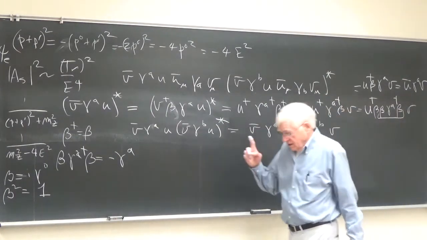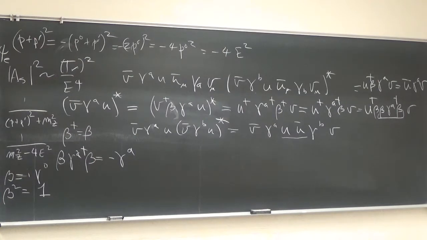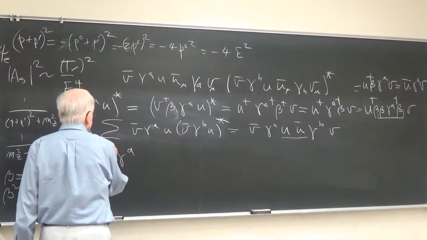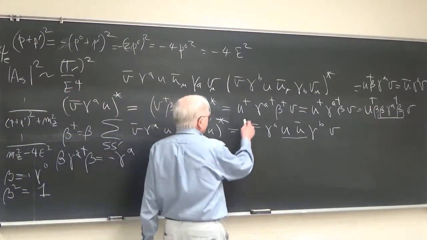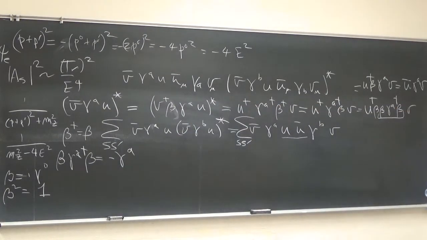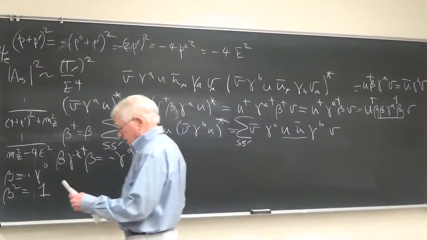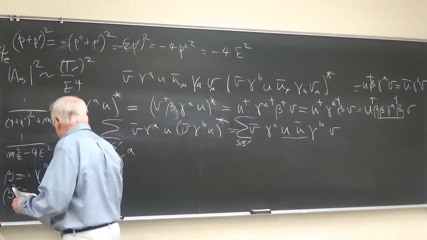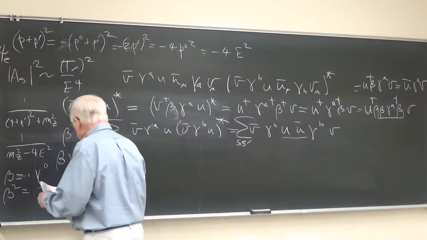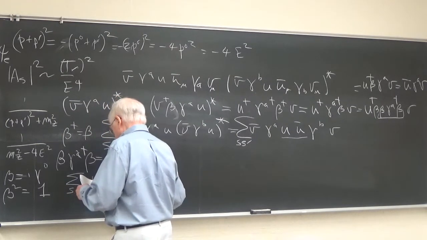And in most experiments, we don't measure spin. So we're going to be summing over the initial spins and summing over the final spins. So what we're going to do here is a sum over S and S prime of this. And that means we can use the spin sum formulas that we derived laboriously a week or two ago, namely a sum over S of U L of P and S, U bar.